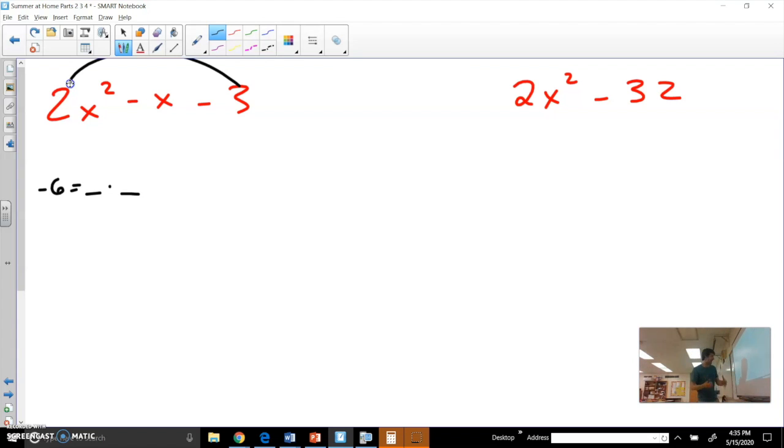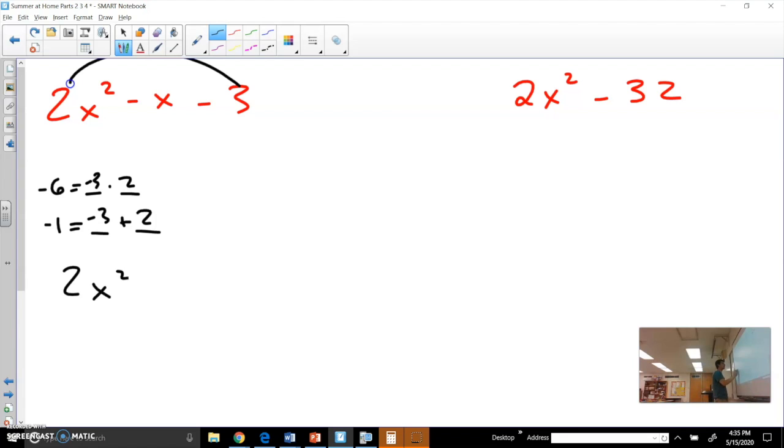So let's think, what would multiply to be negative 6 while adding to be negative 1? I'm thinking about 3 and 2, but really negative 3 and positive 2. Those values accomplish both goals of multiplying to be negative 6 and adding to be negative 1.